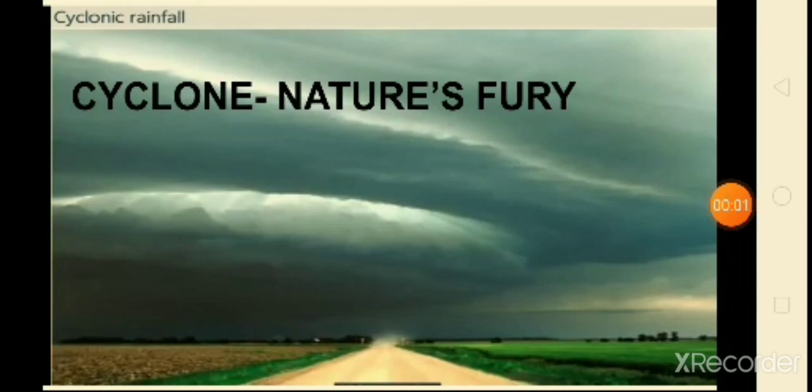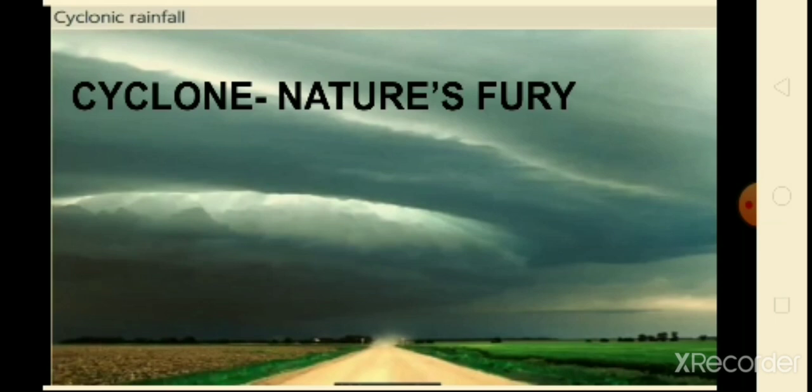So, children, now let us understand the cyclone, which is also called nature's fury. Odisha, located on the eastern sea coast of India, is prone to cyclones that originate in the Bay of Bengal. On 17th and 18th of October in 1999, a cyclone hit 5 districts of the state.